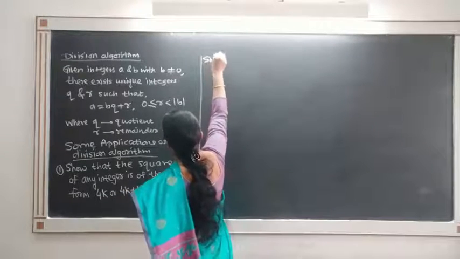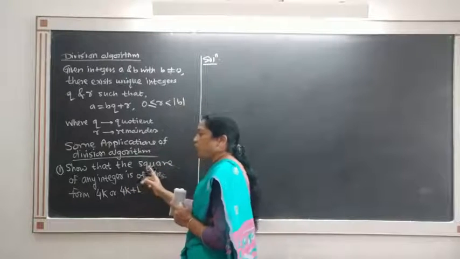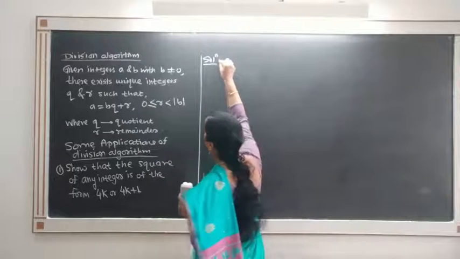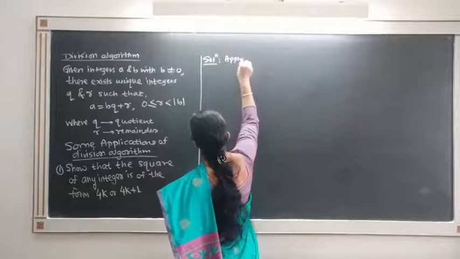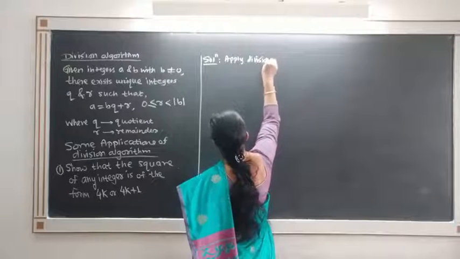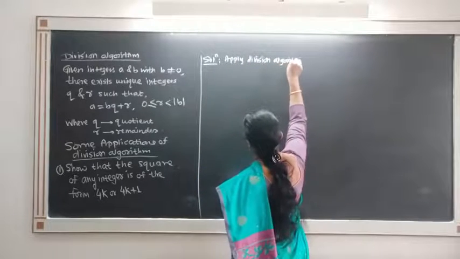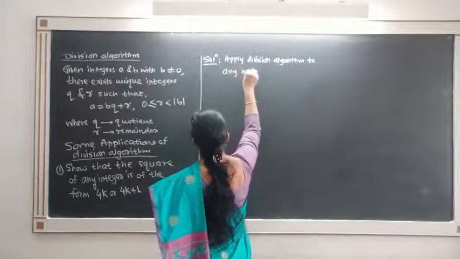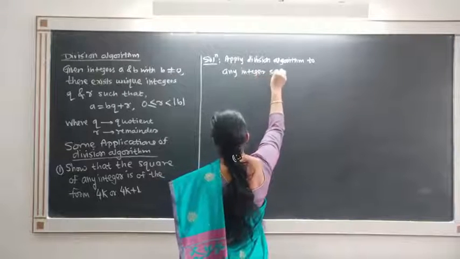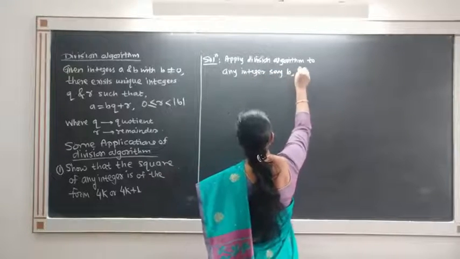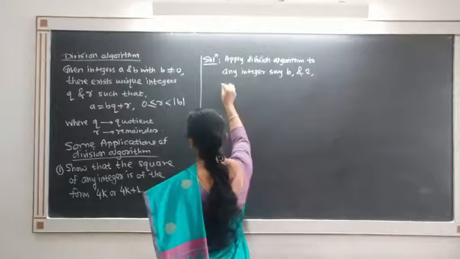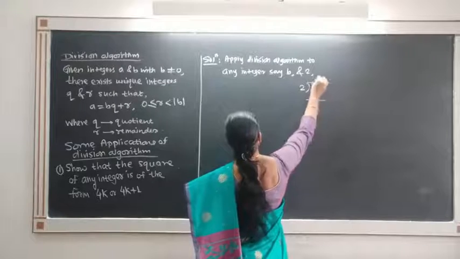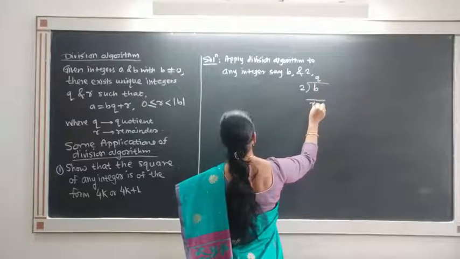So we apply the division algorithm to b, any integer, and 2. This implies that you are dividing b by 2, so there is some quotient and there is some remainder.